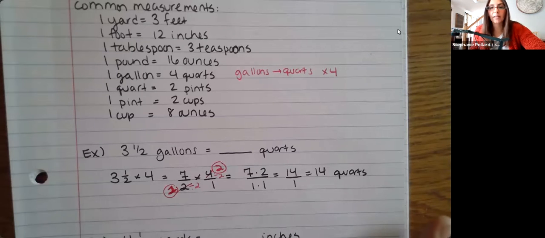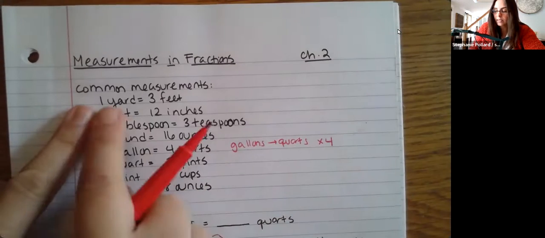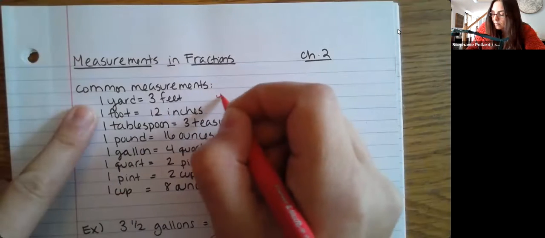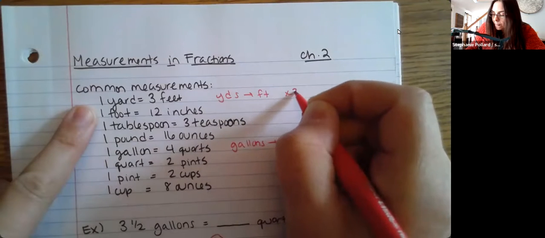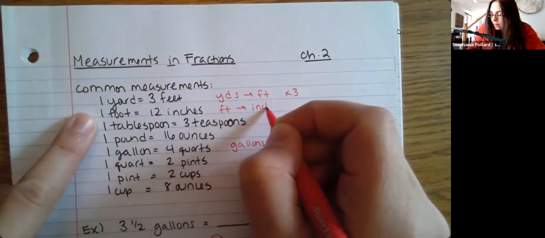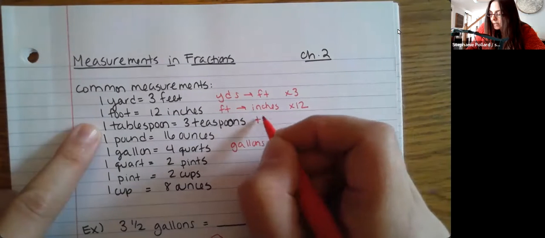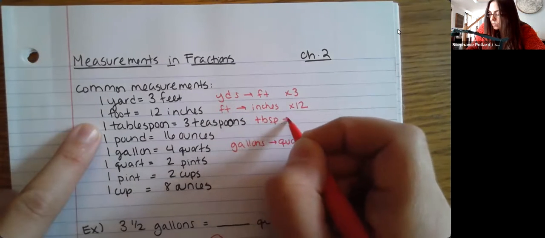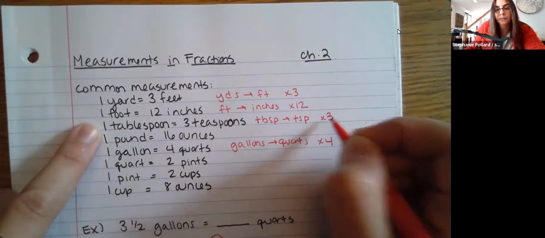So to summarize above here, you can use that same kind of process. If I have to go from yards to feet, we're just multiplying by 3. If I'm going from feet to inches, we're multiplying by 12. If I'm going from tablespoons to teaspoons, we multiply by 3.